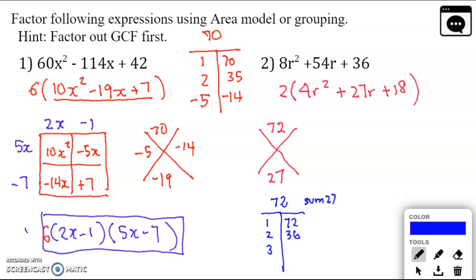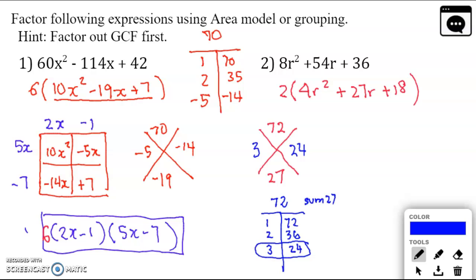3 times, is 72 divisible by 3? Yes, and that's going to be 24. Okay, and then what about 4? Oh, no, here we go. The sum is 27, so that's my combination, so I figured it out. The sum is going to be positive 27, and that works out, so I know the solution is 3 and 24.